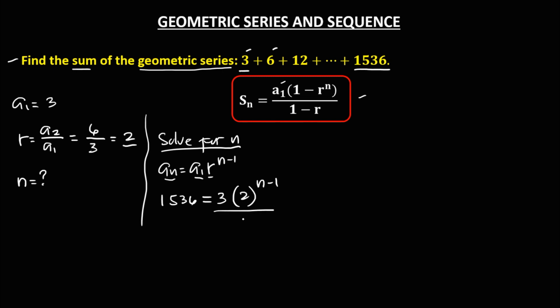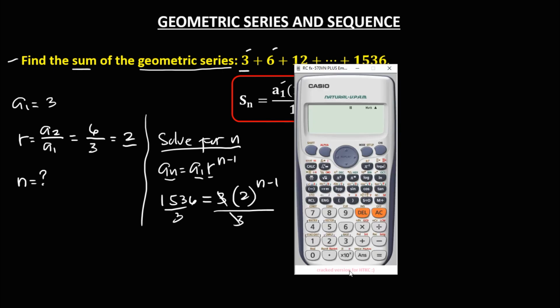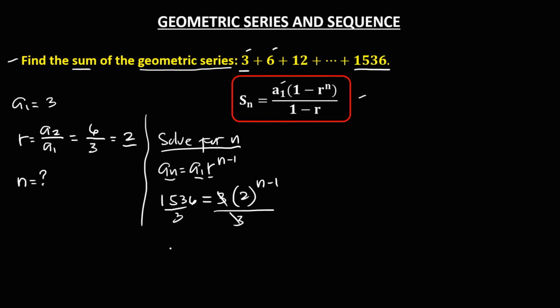To solve for n, divide both sides by 3. 1536 divided by 3 equals 512. So 512 equals 2 to the power n minus 1.